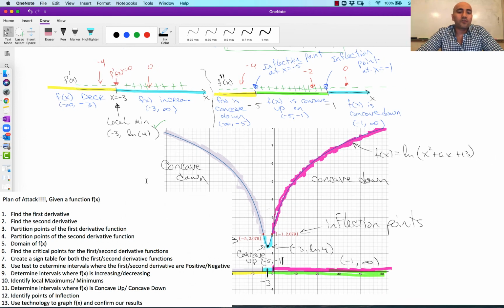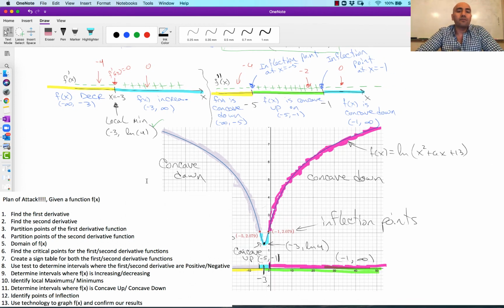You have to find the first derivative. You have to find the second derivative. You have to figure out what values are the partition points of the first derivative, the partition points of the second derivative, figure out the domain of the function, and figure out whether those partition points can be upgraded to critical points.